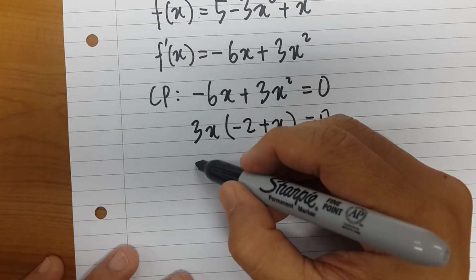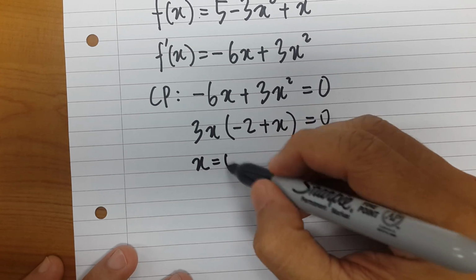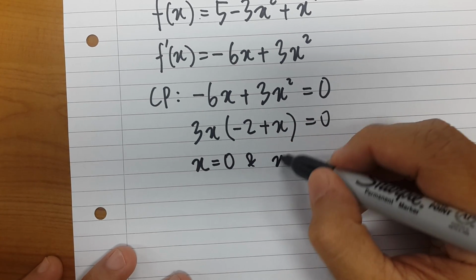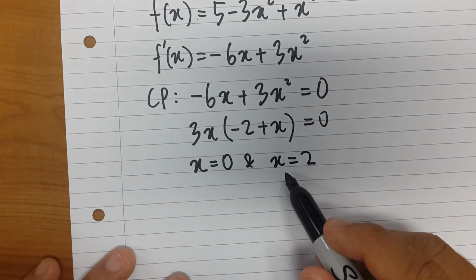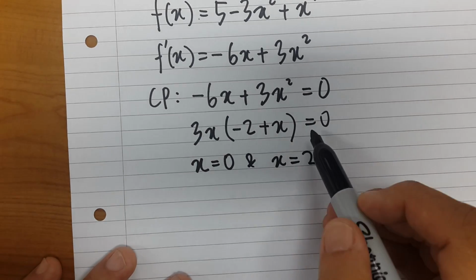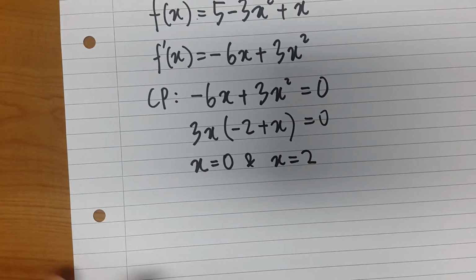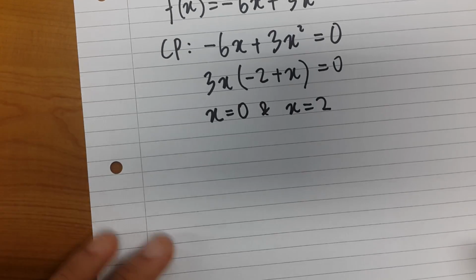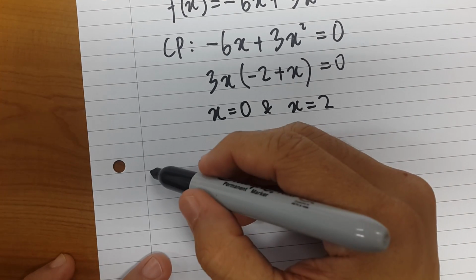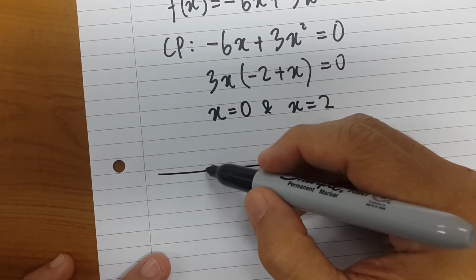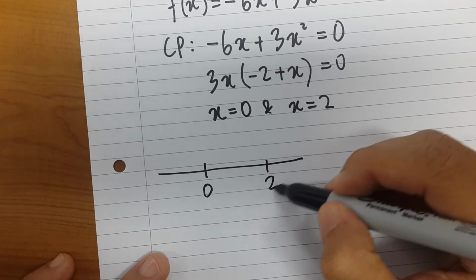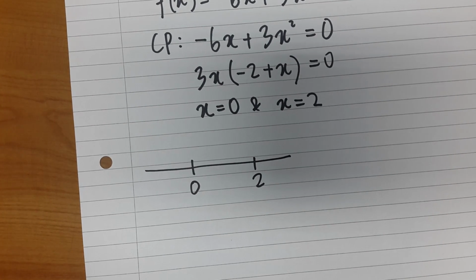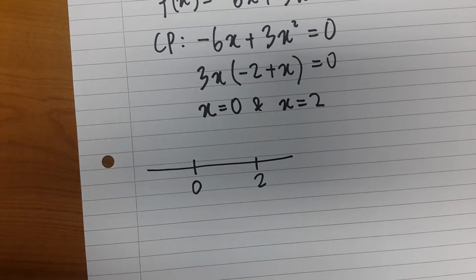So from here we get our critical points: x equals 0 and x equals 2. Negative 2 plus x equals 0 gives x equals 2, and 3x equals 0 gives x equals 0. Now once we have our critical points, we put them on the number line. So we make ourselves a number line, 0 and 2.